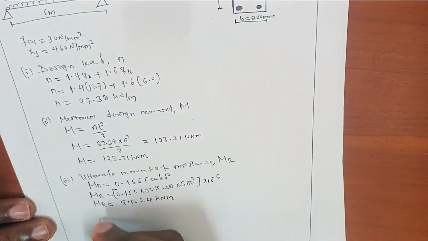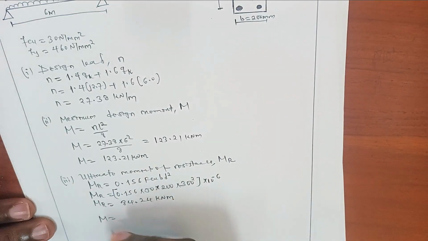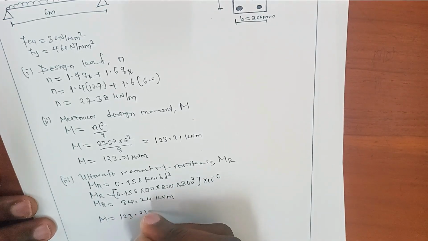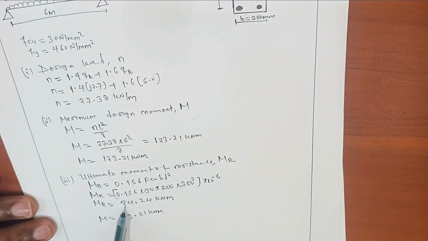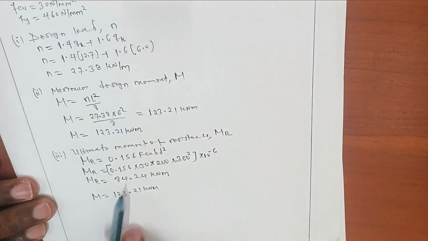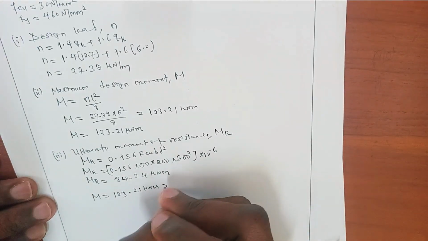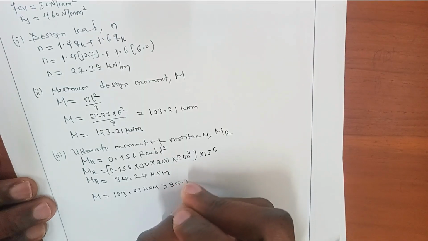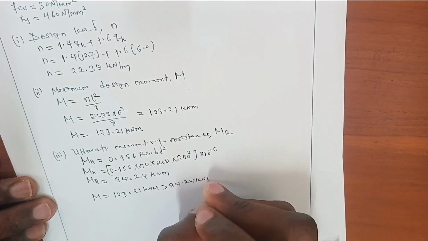In our calculation, the maximum design moment is 123.21 kilonewton meter, which is greater than the ultimate moment of resistance, 84.24 kilonewton meter.